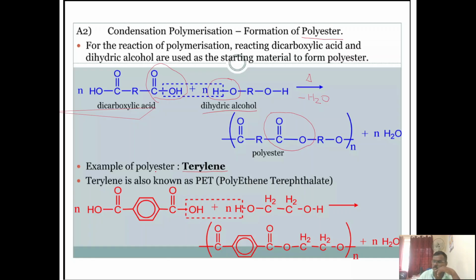This is phthalic acid. What you do, just heat it. With the elimination of a water molecule, you end up with the ester link. It is called terylene.